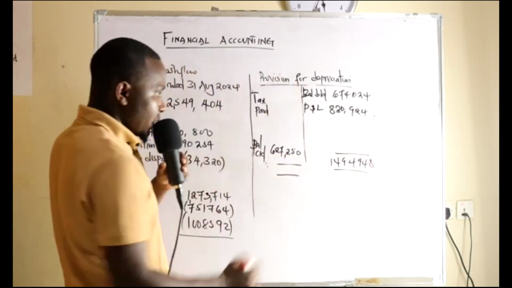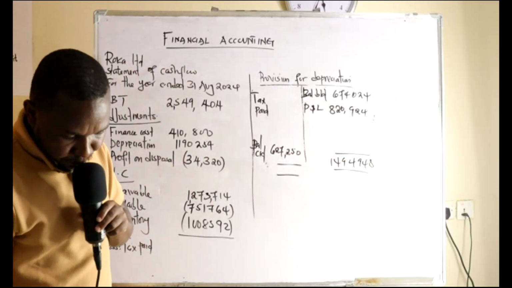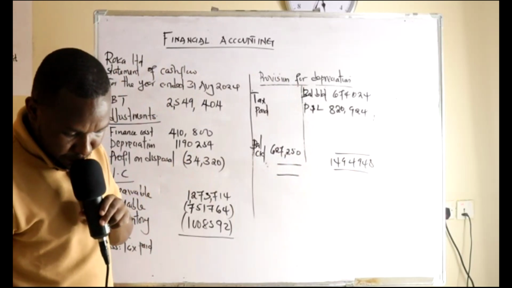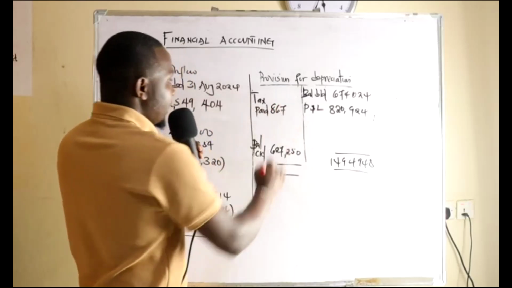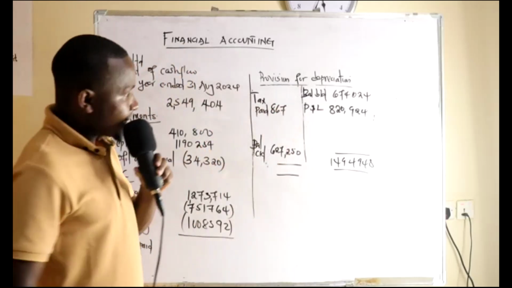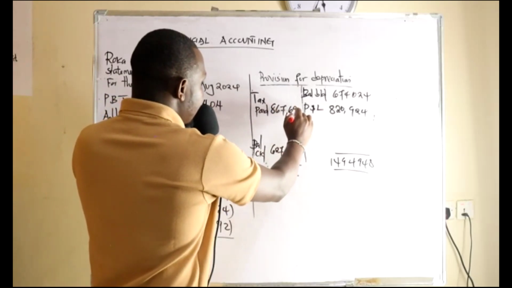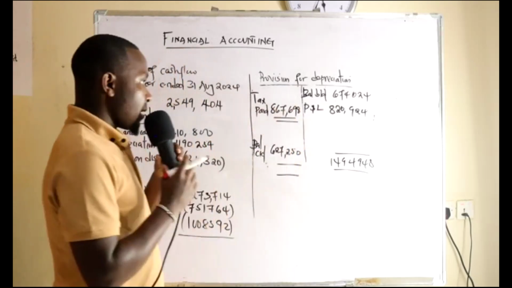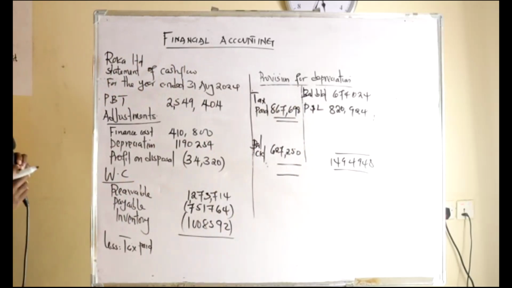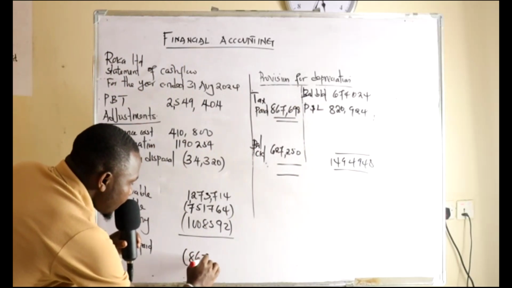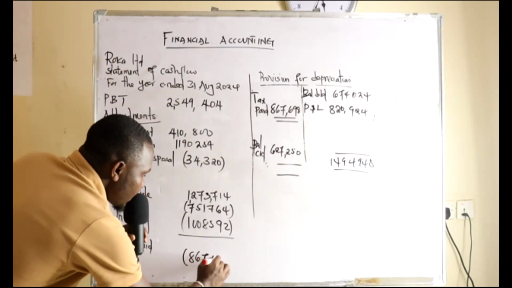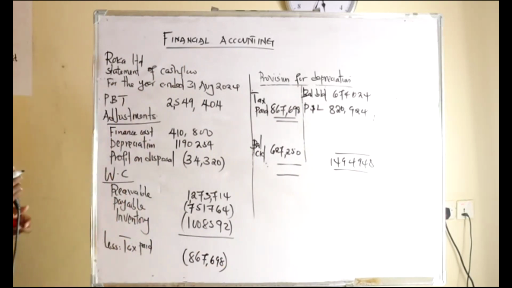So subtract this minus 627,250, which gives you 867,698. So this is the tax paid. That is the actual tax paid, which you will come and subtract here: 867,698.